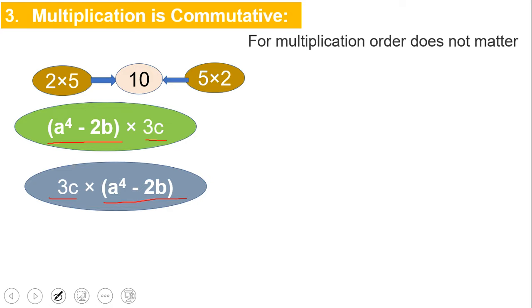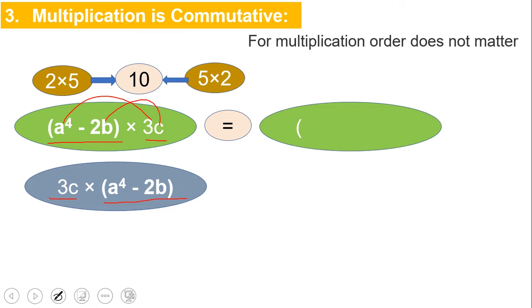Is that clear? And let us prove that their answer is same, as in the first example. Okay, so let us evaluate this. A to the power 4 into 3c is 3a to the power 4 c, minus 2b into 3c is 6bc. So you will get this.